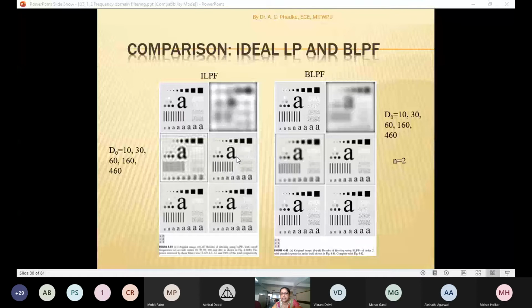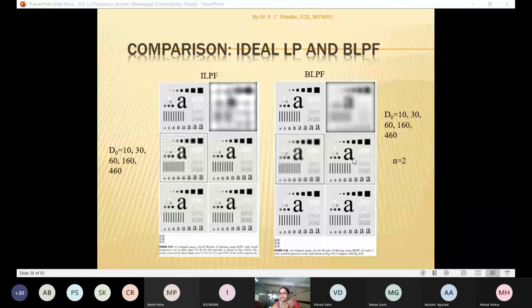Similarly, if you look at this A, this A is surrounded by concentric A's which are bright and dark in nature. This is because of sharp transition, you are getting this ringing effect. But if you look at the Butterworth low pass filter with same radius, that is 60.